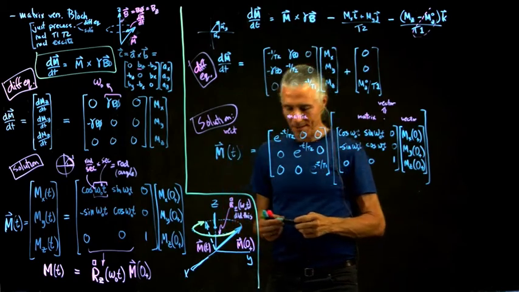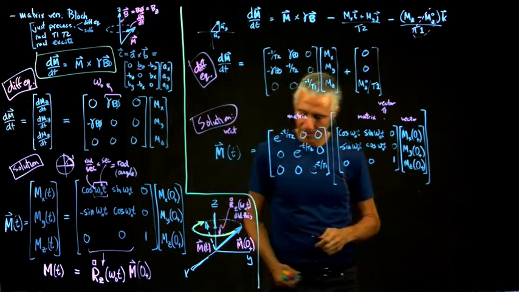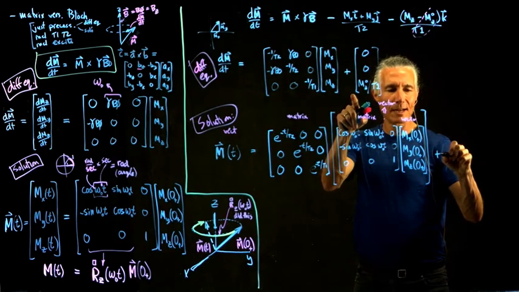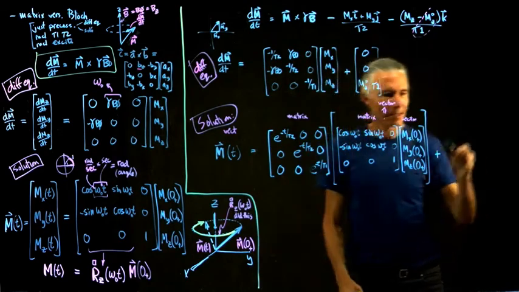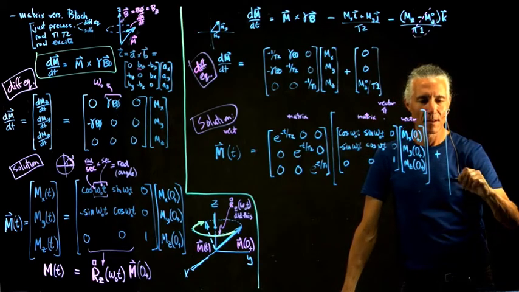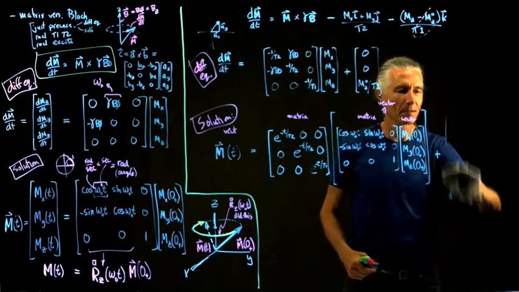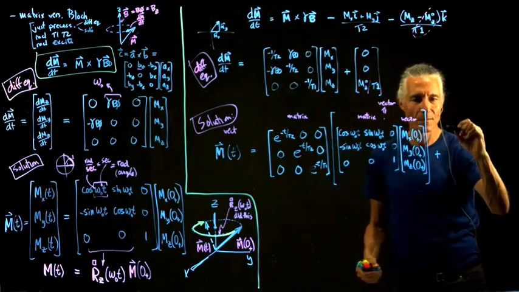Okay, so that is almost done, but then we have to deal with this guy, and what that guy turns into is another column vector. Draw it the same size.